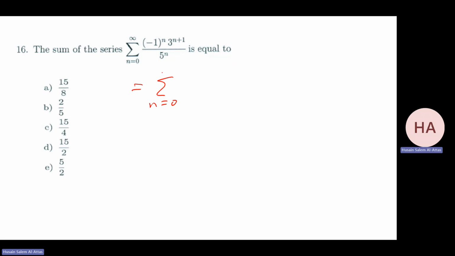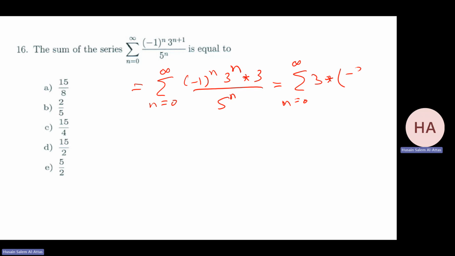That will be n from 0 to infinity of minus 1 to the power n, 3 to the power n times 3 over 5 to the power n. I can write it as the sum from n equals 0 to infinity of 3 times minus 3 over 5 to the power n. So A, at n equals 0, is 3, and R is minus 3 over 5.